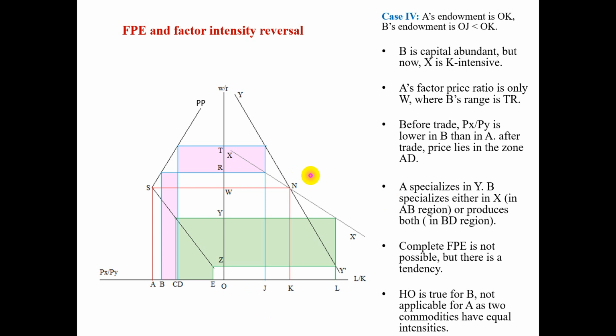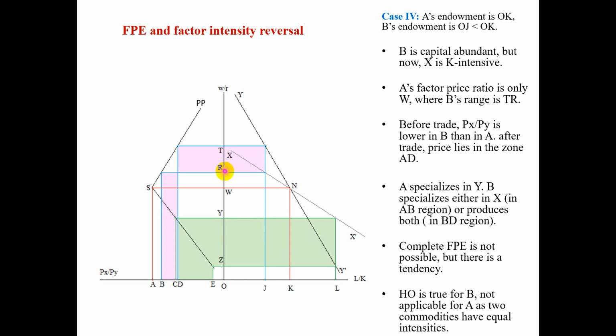And for country A, its endowment is OK, so it is relatively more labor abundant, but both the commodities will be of equal factor intensities. So A's factor price ratio is only W, whereas B's zone will be given by TR.